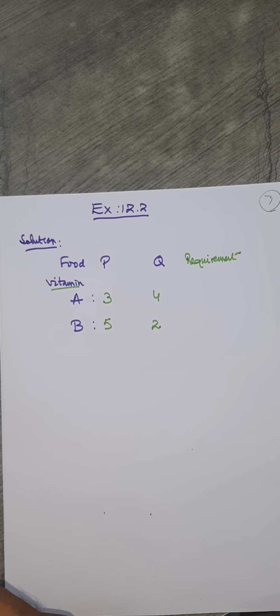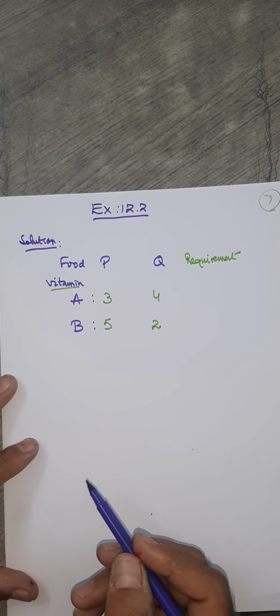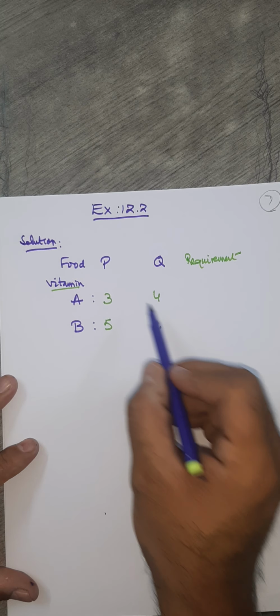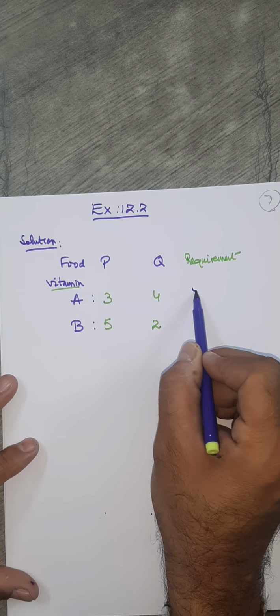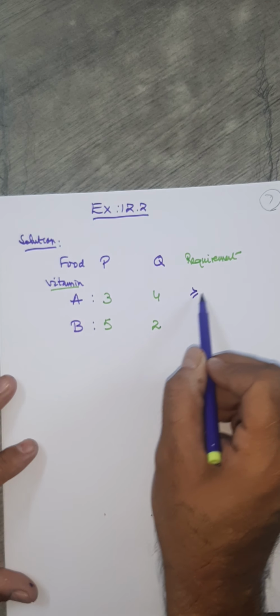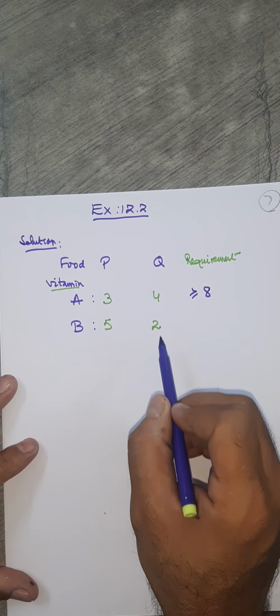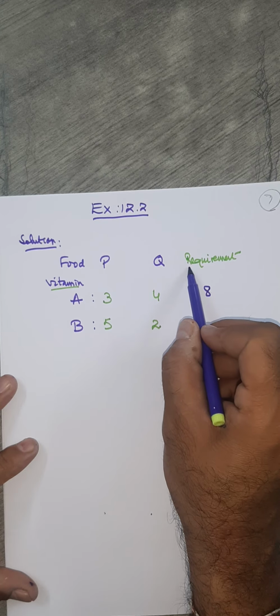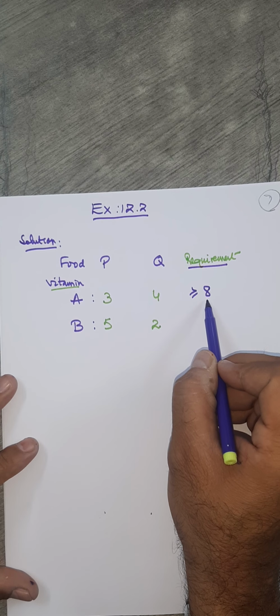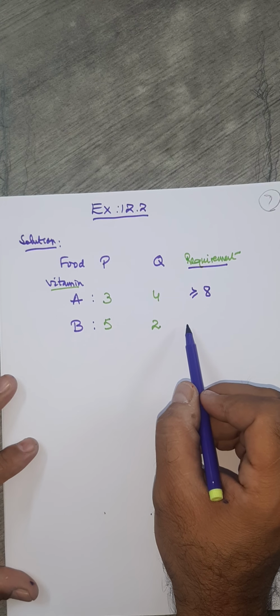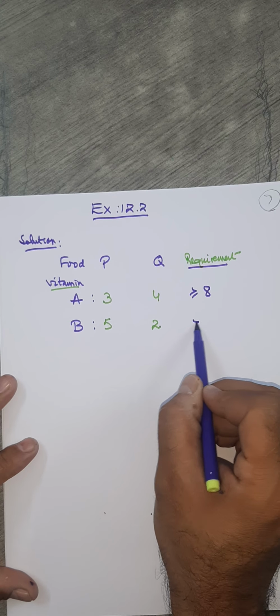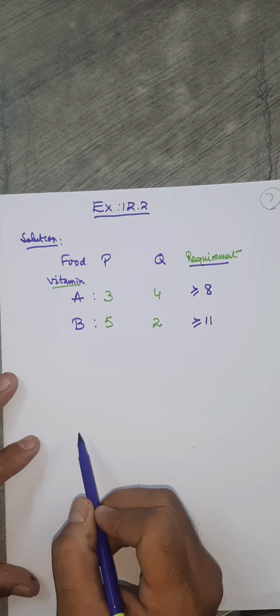It's given in the beginning: the mixture contains at least 8 units of this vitamin. So minimum 8, so total units should be 8 or more. Requirement minimum 8, at least 8, and 11 units of vitamin B. So this is 11.